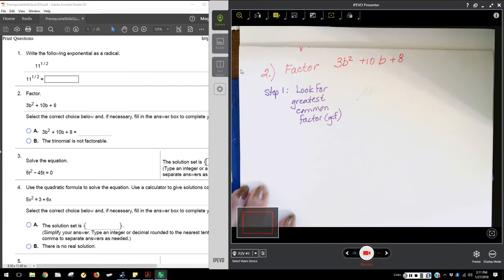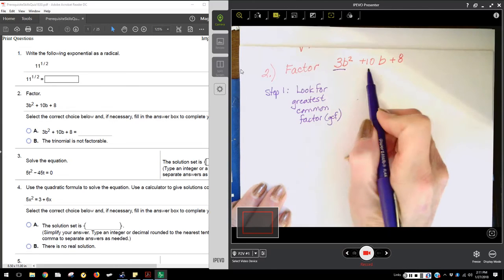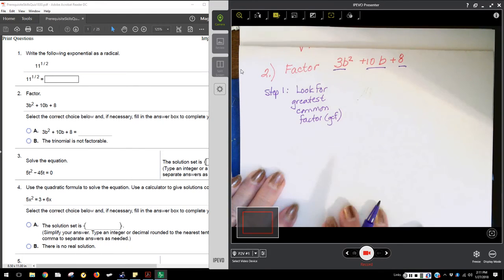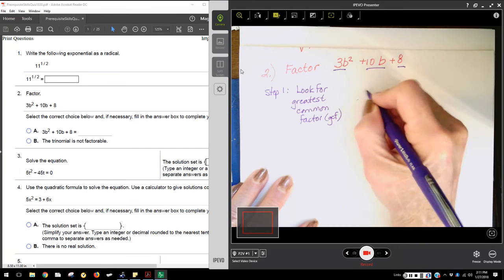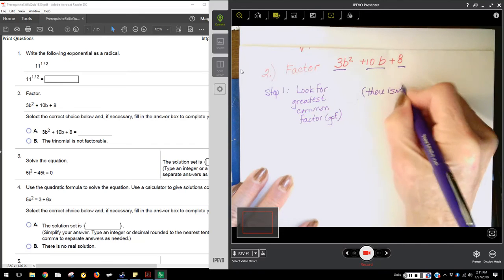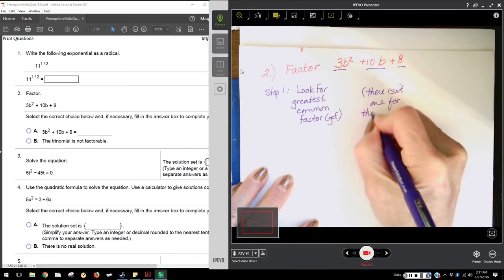In other words, what we're looking for here is there a variable or a number that is common to all 3 of those terms? And in this particular case, there is not, because every term doesn't have a b, and 10 and 8 are both even, but 3 is odd. So they don't have a greatest common factor. So in that case, our answer to greatest common factor would be there isn't one for this trinomial.